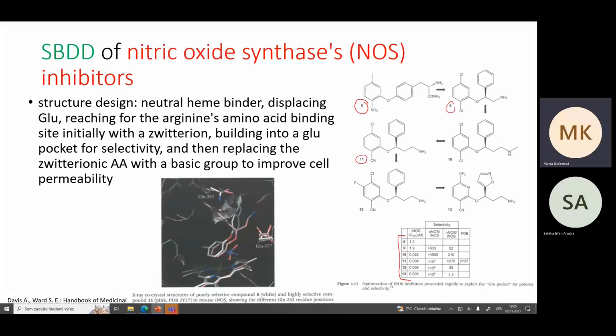Sorry, and compound 11, you can see here is a PDB code, and it is super selective against the inducible nitric oxide synthase. And you can also see that the amino group in the structure was really essential in the binding to the glutamic acid.